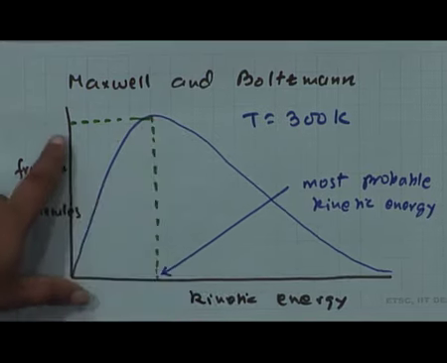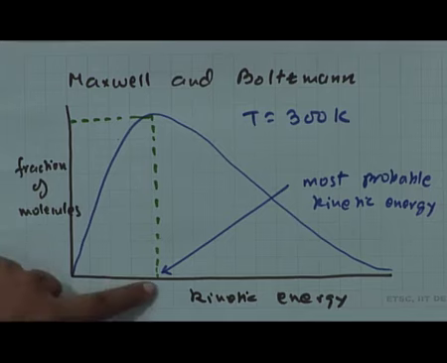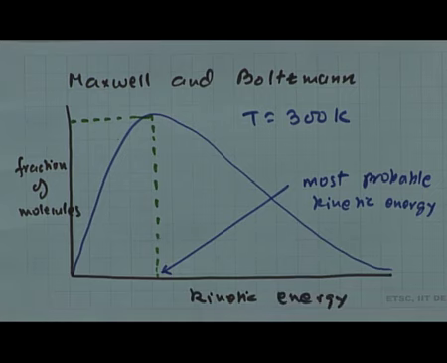This peak, to be read off from the y axis, corresponds to the maximum fraction of molecules having this kinetic energy, and because the maximum fraction of molecules is having this kinetic energy, it is called the most probable kinetic energy, because the maximum fraction of molecules is seen to possess this most probable kinetic energy, okay.